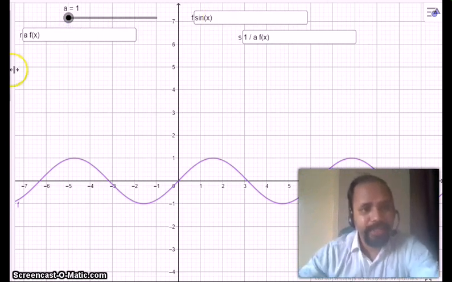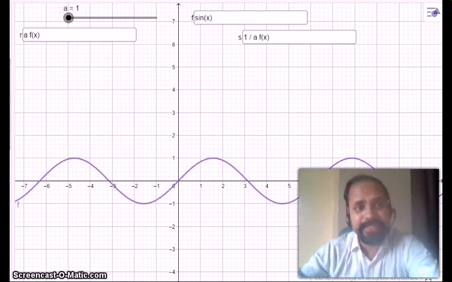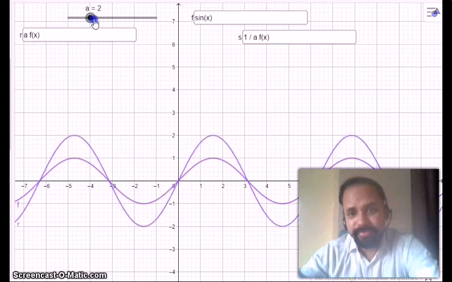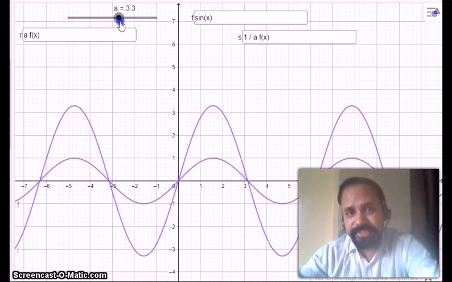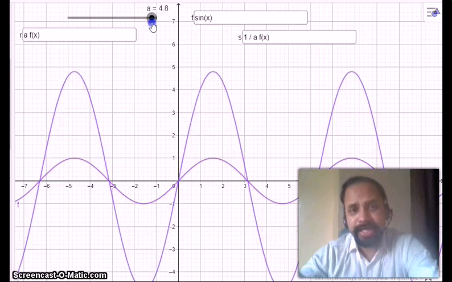Now let's see, if we have f of x as sin x, as I told you, when we multiply, this graph stretches a units along the y axis. This is the graph. Please see, this graph stretches along the y axis, it goes upward and stretches.